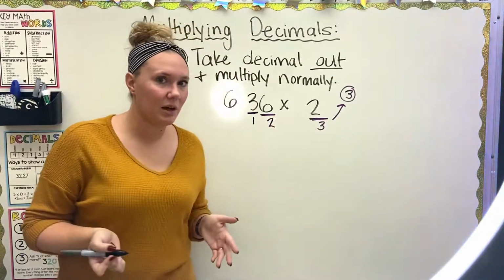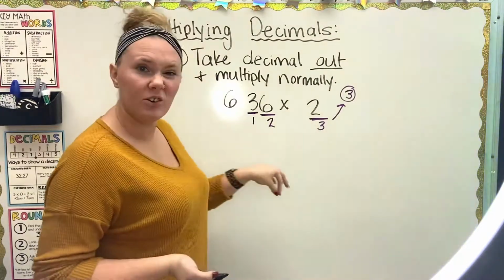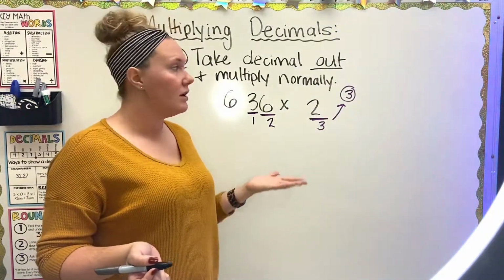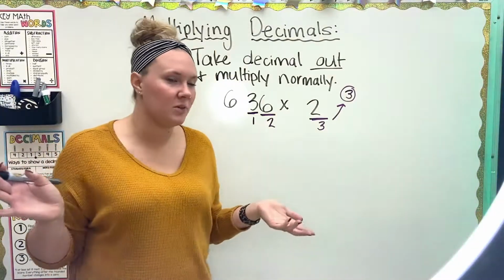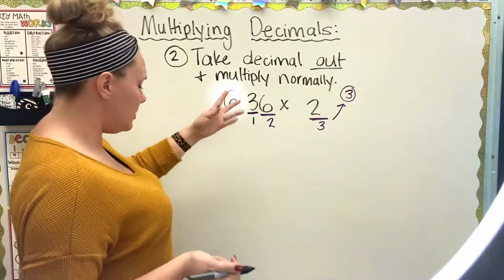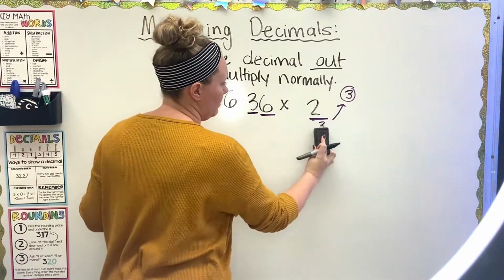So what's nice about decimal multiplication is that once you take your decimal out and you put it in that little holding bubble, all you have to do is just multiply just like you used to do in 4th grade, normally, completely.